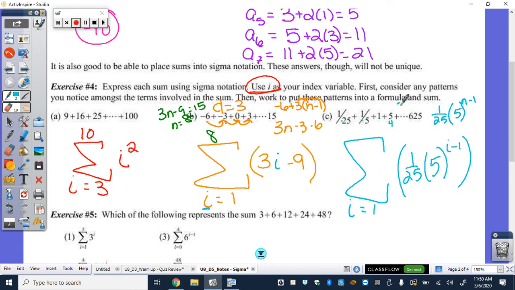If I do times 5, that'd be my fifth times 5. Times 5. There we go. 625 would be my seventh term. Or you could do like we did the last time. Take this, set it equal to 625, and then solve. You probably end up having to do logs on that one.